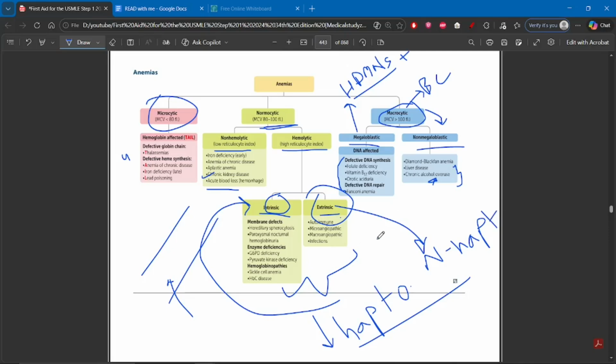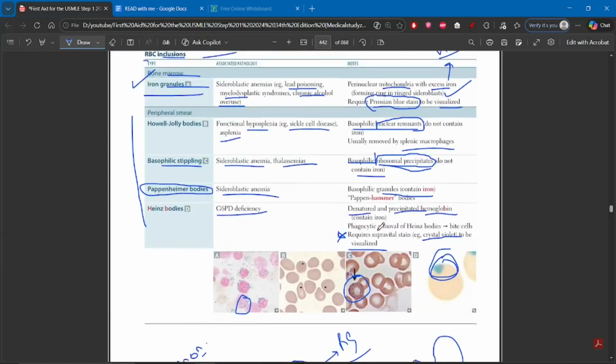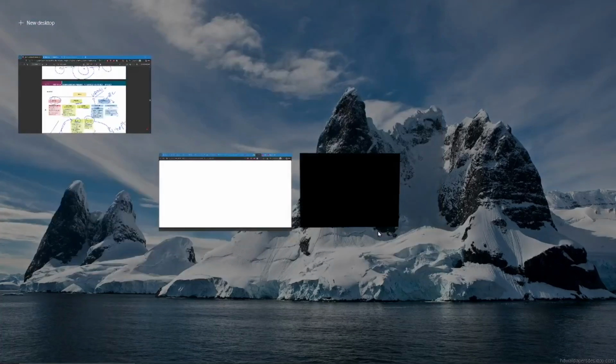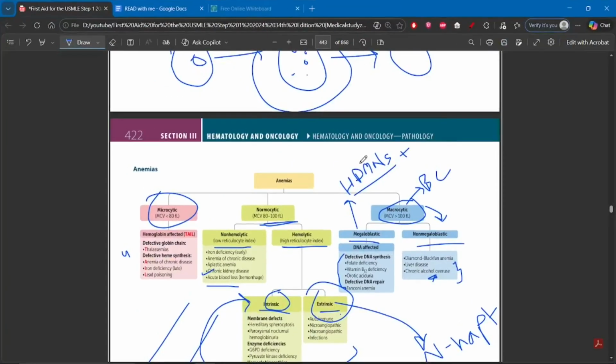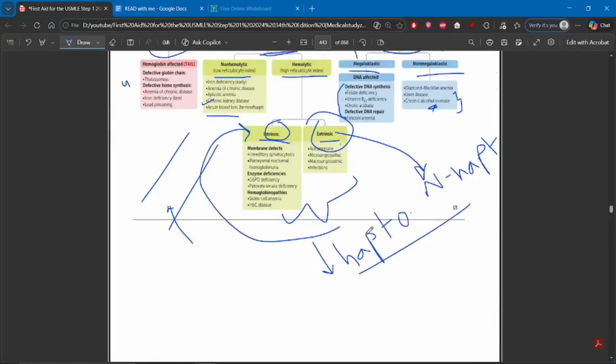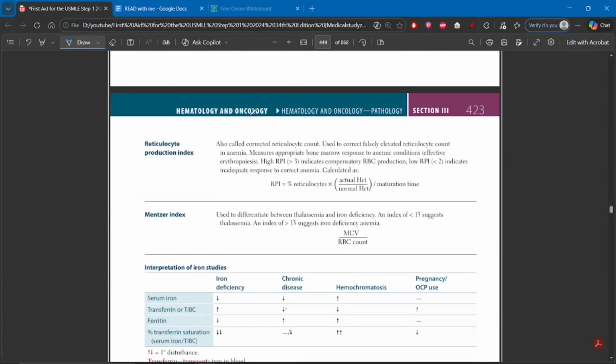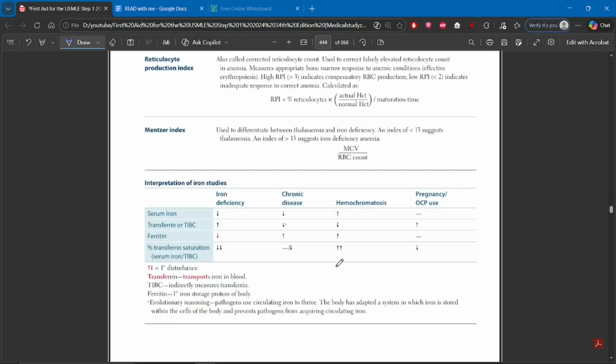That's how you're going to figure out the difference between them. There are multifarious etiologies. You can read about them. We're going to learn about them in the future lectures as well. So we have read this together, we have done this section, and we'll be moving on to the other pathology sections now.